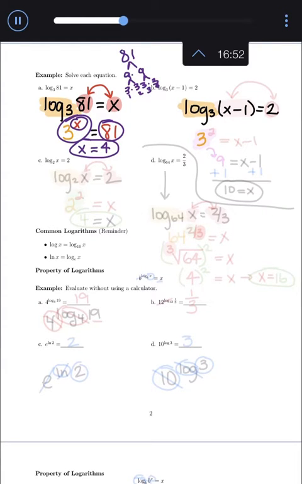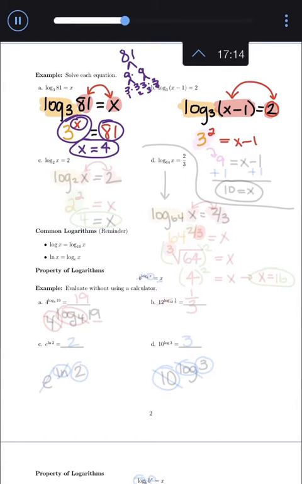But if I do that, that means I have to swap my other two pieces, my x minus 1 and my 2. Well, that means what's going to be with my 3 now is my 2, and it's going to come in as my exponent, and that will equal the x minus 1, which is going to move to the other side.